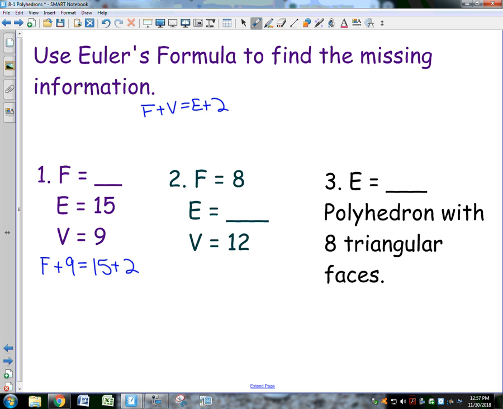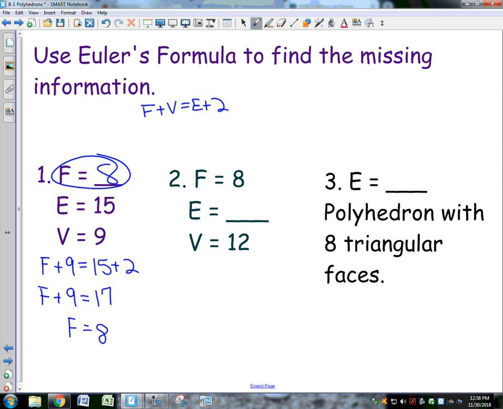So F plus 9 equals 15 plus 2. Solve it. 15 plus 2 is 17. We subtract our 9, so F is 8. So if an object has 15 edges and 9 vertices, it has to have 8 faces.